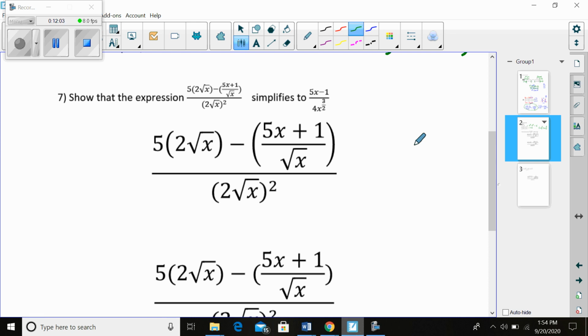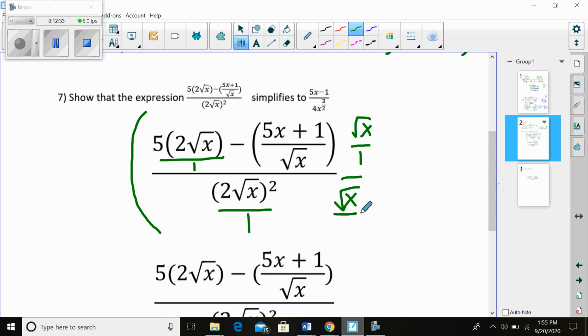So this boils down to just simplifying a complex fraction. The only denominator in the problem is radical x. So we learned last week that when I have a complex fraction, the best way to approach that is to multiply by 1, in the form of the least common denominator over the least common denominator.